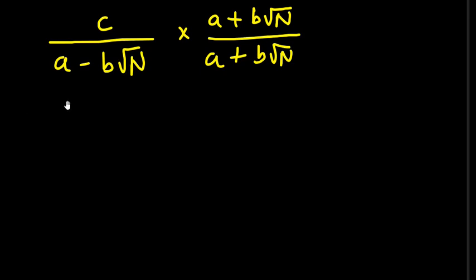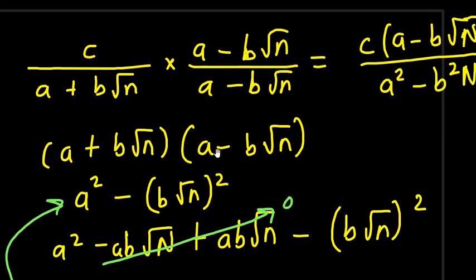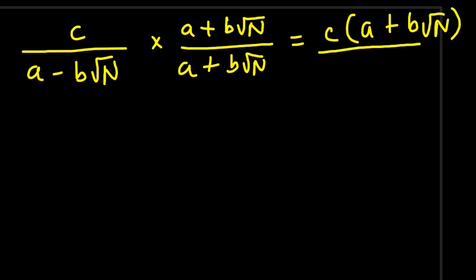Okay, so the procedure is just the same as we already did in the previous example. We just apply it to what's on the top, simplifying the fraction. So we have c over, this is just the difference of two squares, because a minus b root n times a plus b root n is just the difference of two squares.